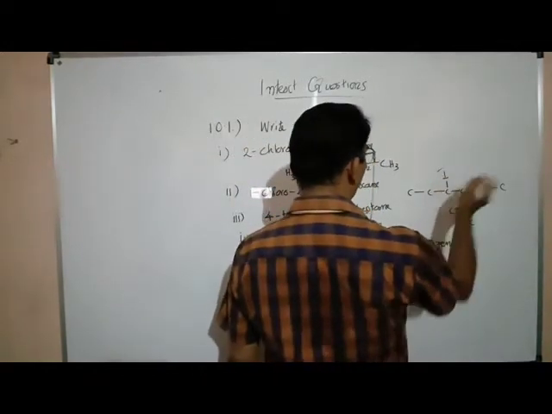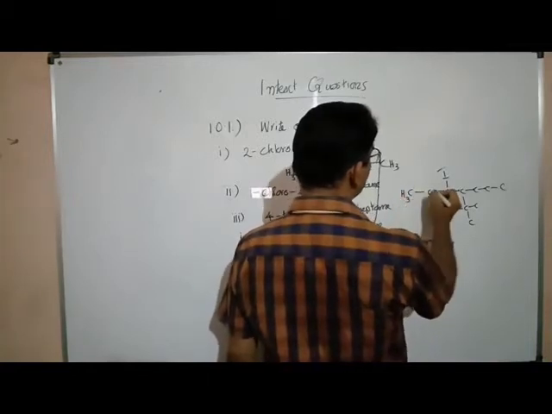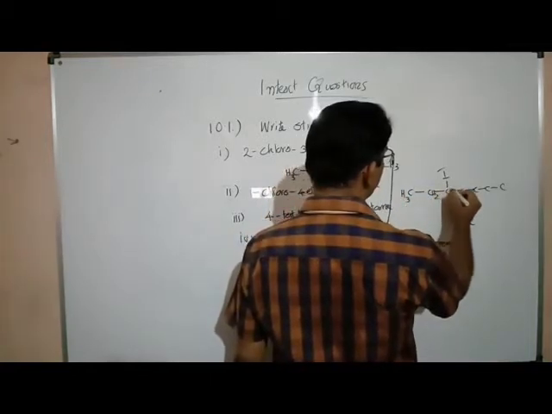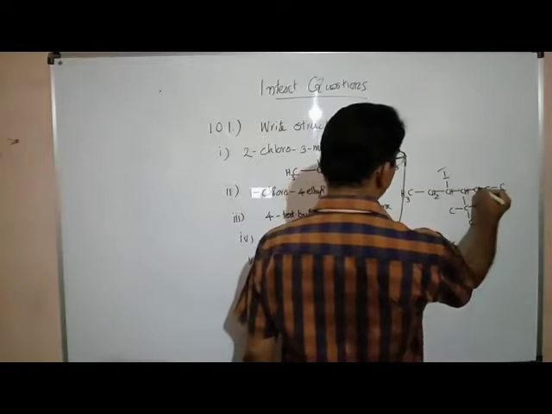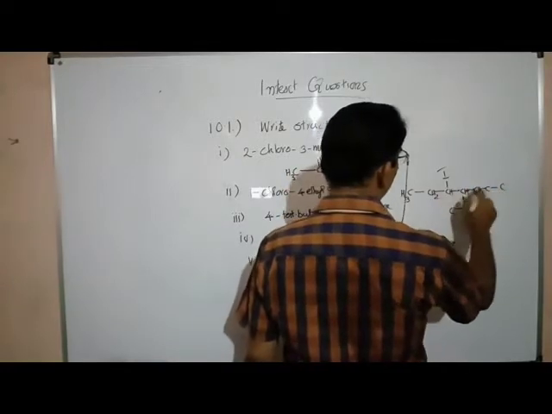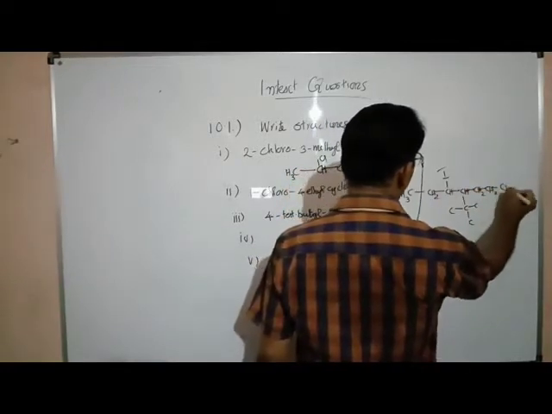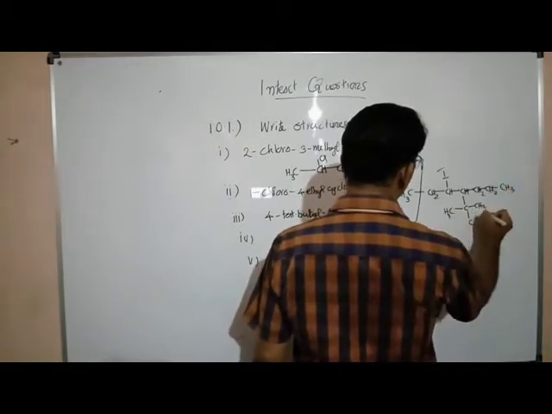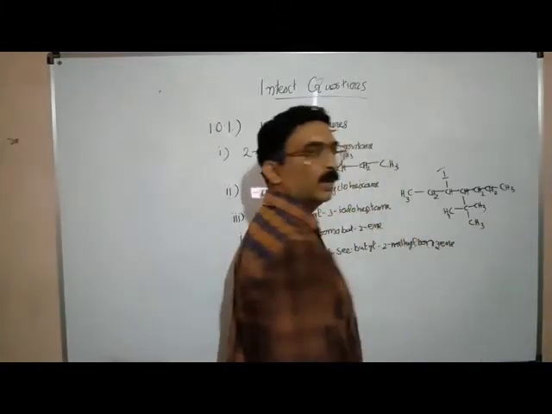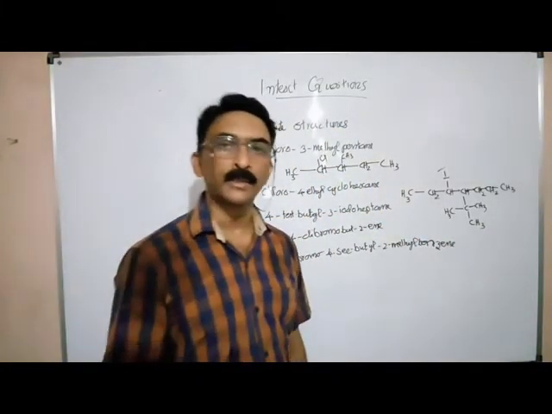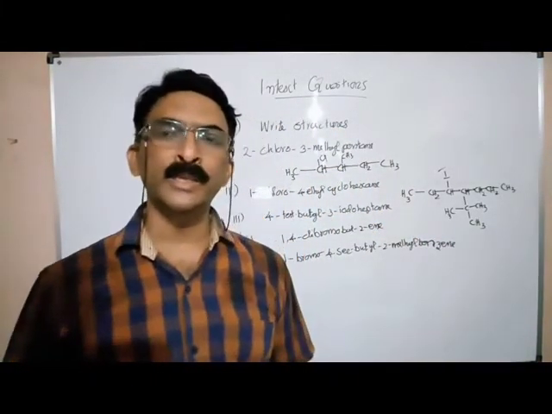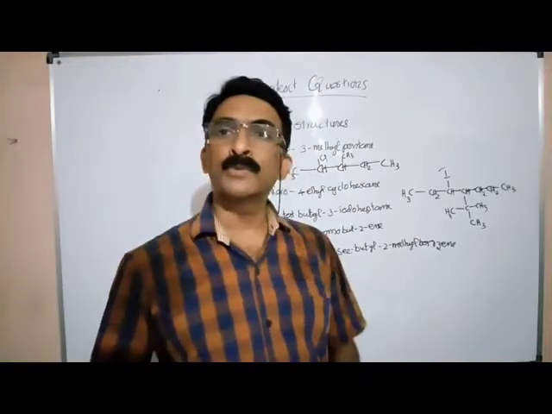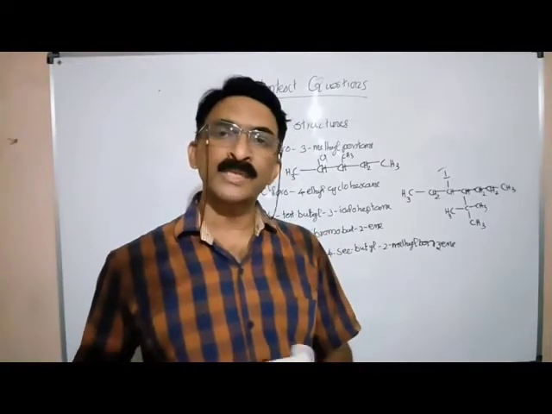Now fill with the hydrogen. CH3, CH2, CH, CH, CH2, CH2, CH3. You have to fill the tertiary butyl group also with the hydrogen atoms. You get this structure, and that's going to be our answer. I'm sure these are very easy for you to do, because we have discussed all these ideas extensively.